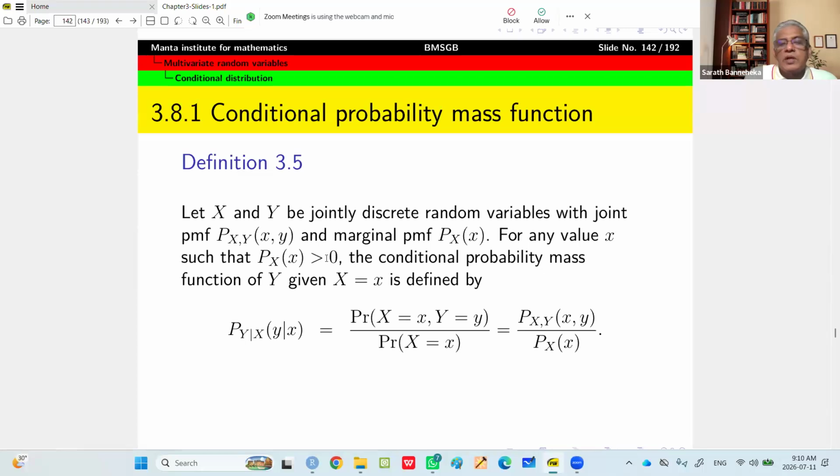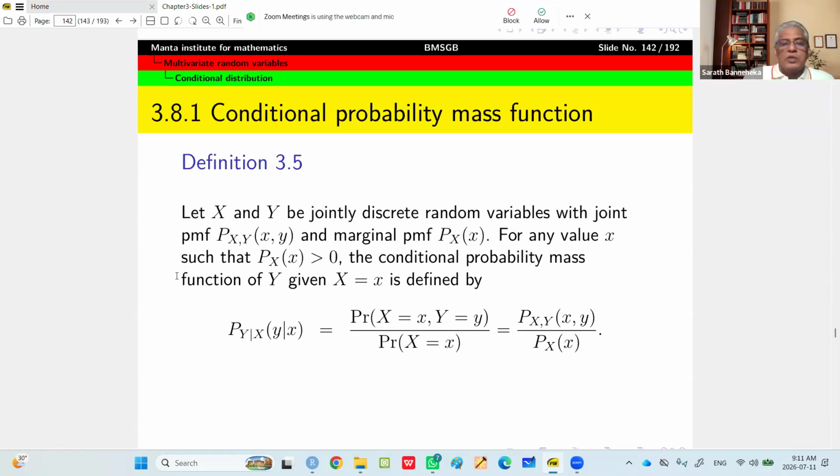Then we can talk about the conditional probability mass function of random variable Y when capital X is equal to that particular value small x. So that is called the conditional probability mass function of Y given capital X is equal to the value small x.